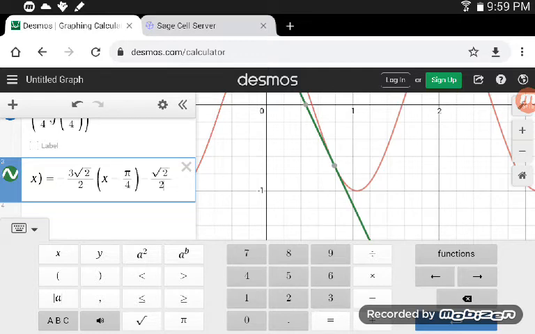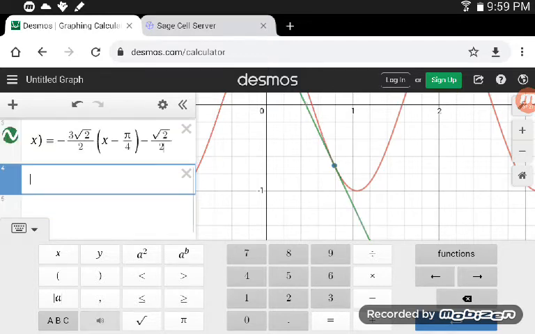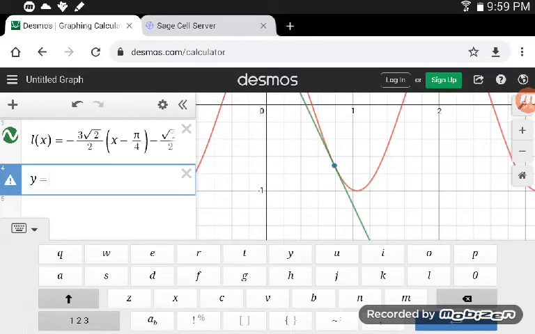Now we can check that actually. I won't give it any particular name, but remember what that is. That's the derivative at pi over 4. So we'll say y equals f, shift here and get the prime.